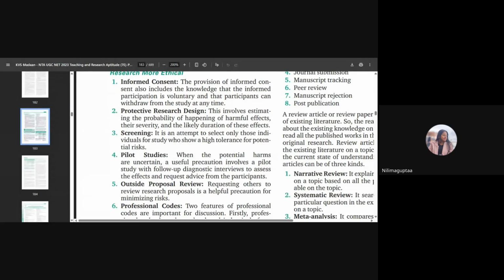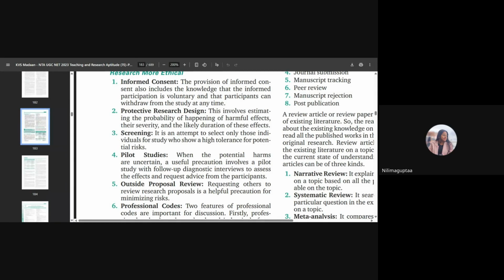If they wish, if they are okay with it, they are voluntarily okay, because like this, my research is going to be done, but their life is only one. I cannot take a chance on their life. Okay, so those things should be checked properly, and then likewise we should go. So it helps for a better research design and a protective research design.